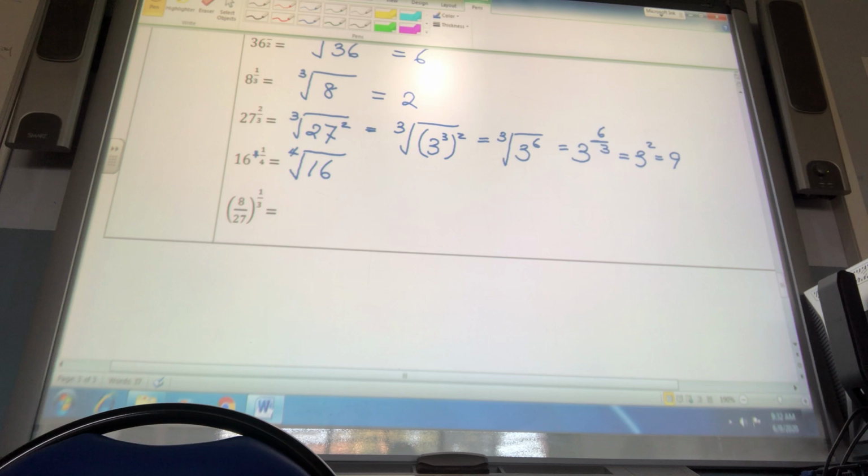Yeah, then what do you do next? The 16 is actually 2 to the power 4. Oh yeah, so it's actually 2 to the power 4. Has anyone got it? If you've got it, can you just show me your answer?